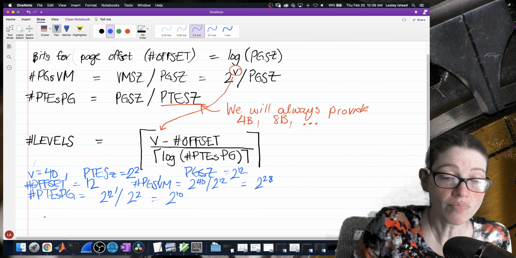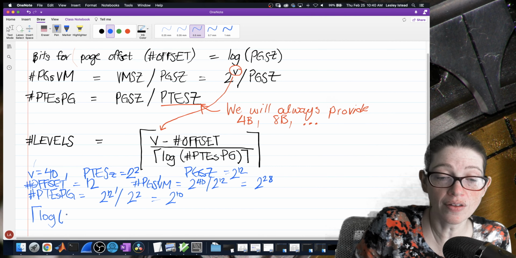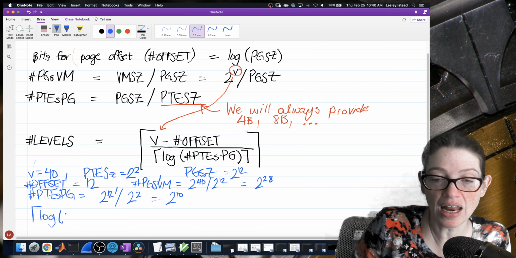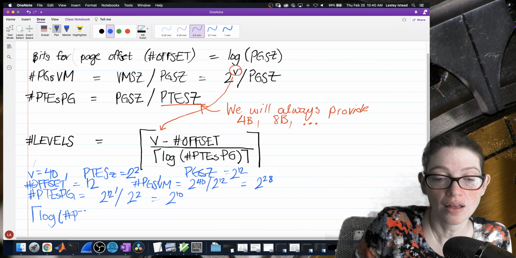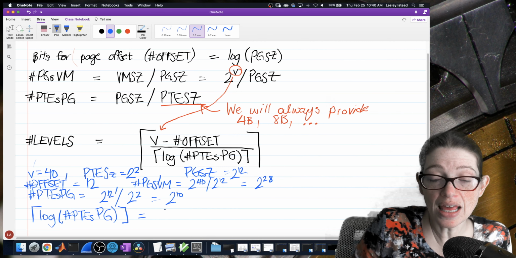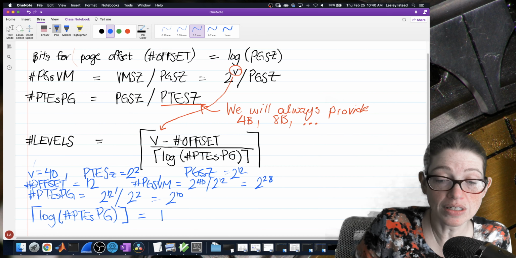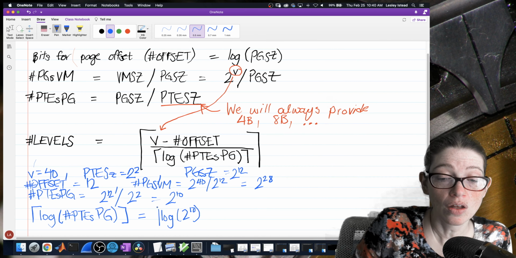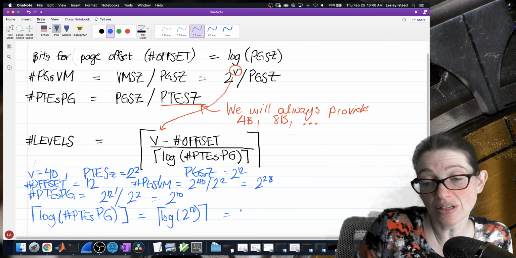And then the ceiling, let's do the denominator here. The number of bits I need for a page number, then, is the log of the PTEs per page, which is the log of 2 to the 10, which thank goodness is going to give me 10.